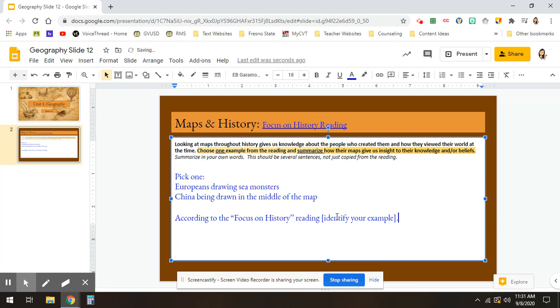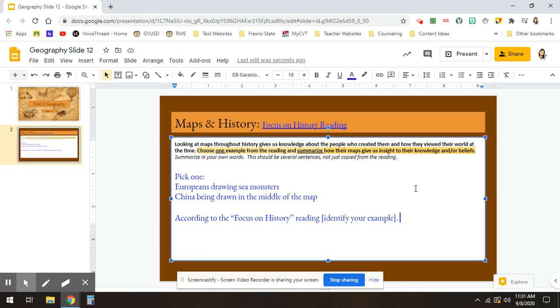Now, whenever you need to be writing things in your own words, I'll put them in brackets like this to show that that's where your own words and your own writing comes in. So your topic sentence could maybe sound something like this. According to the Focus on History reading, Europeans used to draw sea monsters in their maps. Okay, keep it short. You're not launching into your explanation yet.